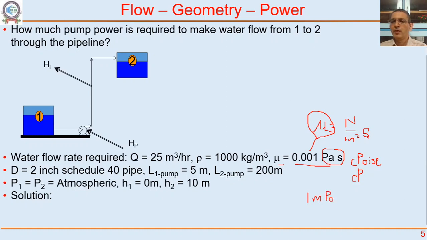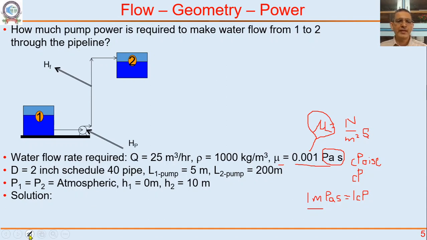Remember our suffixes and prefixes that we have been using. Millipascal second, 10 raised to minus 3 Pascal second. So 1 millipascal second is 1 centipoise. These are just some of the conversions from the commonly used units. We will see all these in a lot more detail as we go along. Right now, I just have to give you a value of viscosity. So the water viscosity is, let's say, 1 millipascal second, 0.001 Pascal second.